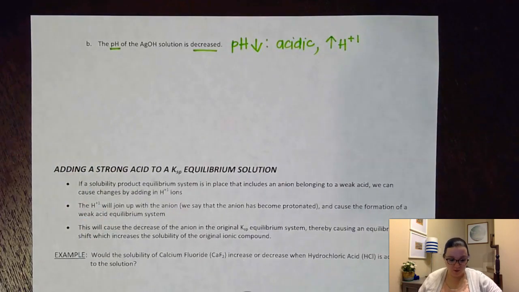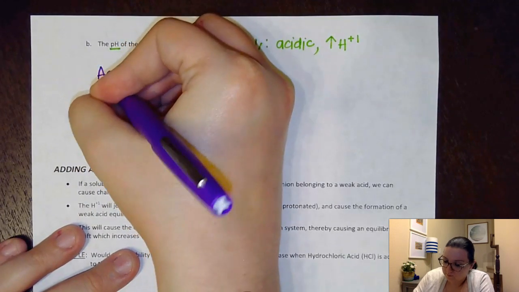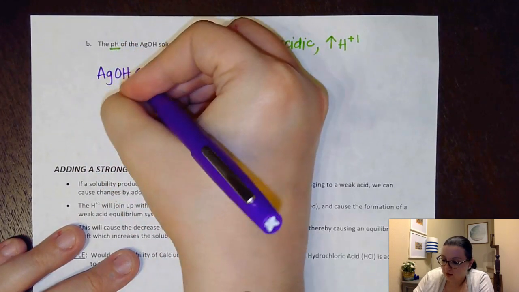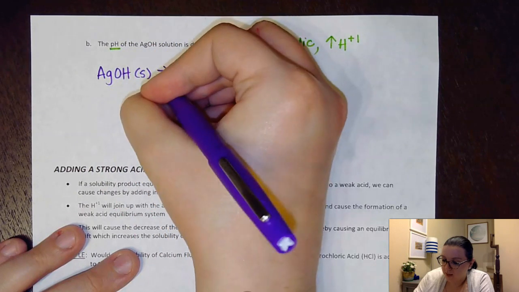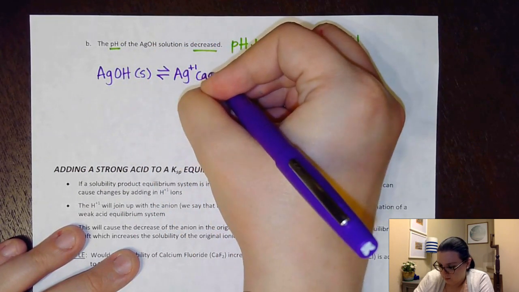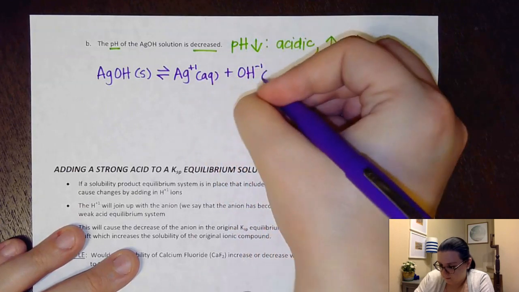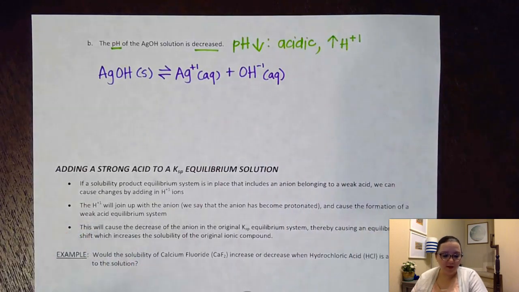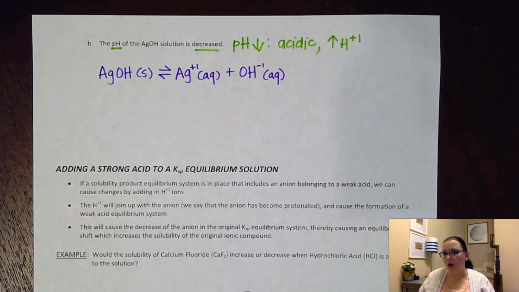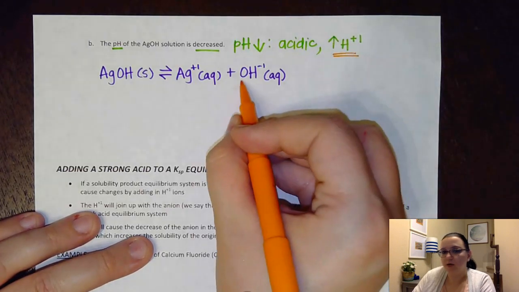So I'm going to rewrite my equilibrium system. Our AgOH solid, two-way arrow, silver ions and hydroxide ions. And at first glance, we're like, I don't have an ion in common, but then, oh wait a minute, what do we know about H and OH?